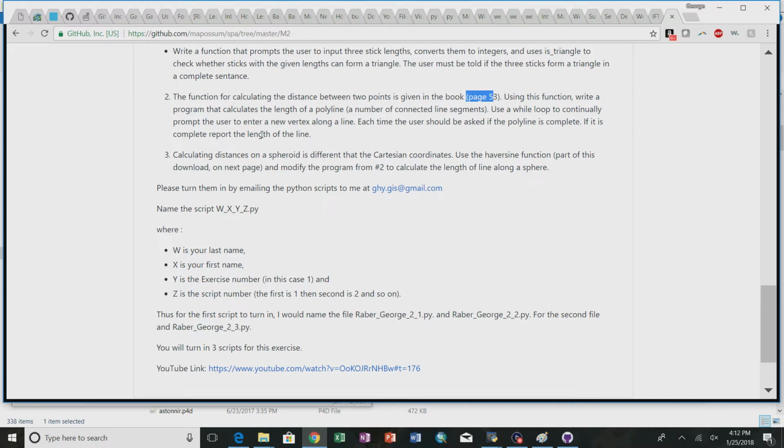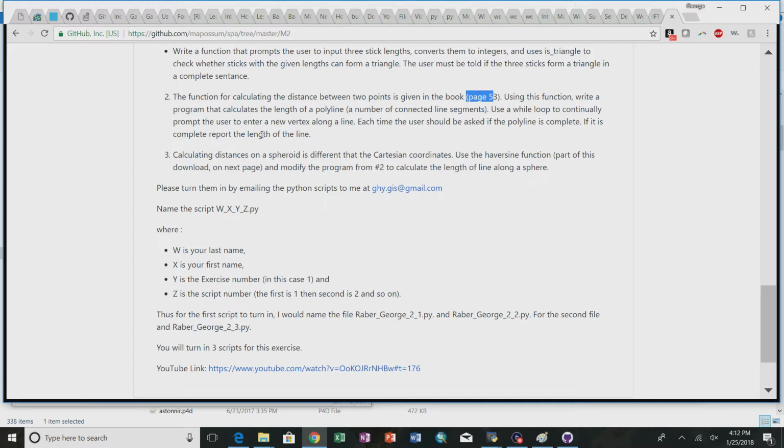So I want you to use the Haversine function, which is there. We're going to modify the program to calculate the length along a sphere rather than the length in Cartesian space.